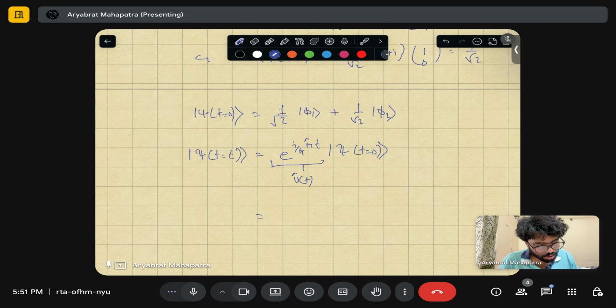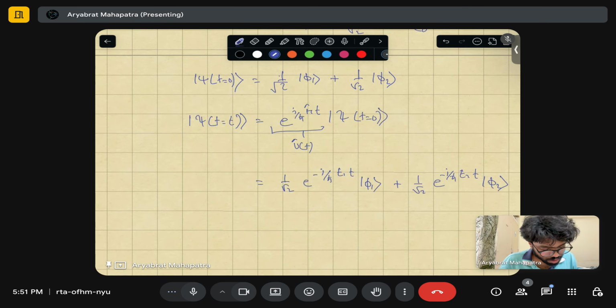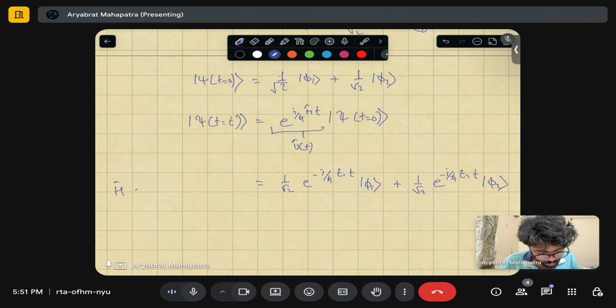If I operate this, I will get 1 over square root 2 e to the power minus i E1 t over ħ phi 1 plus 1 over square root 2 e to the power minus i E2 t over ħ phi 2, where I am considering H of phi 1 gives me E1 phi 1, and H of phi 2 gives me E2 phi 2.